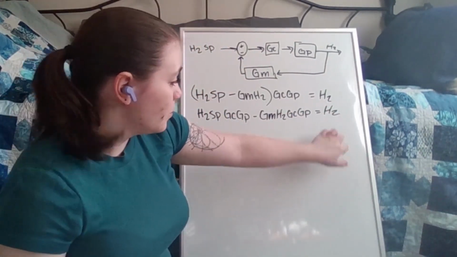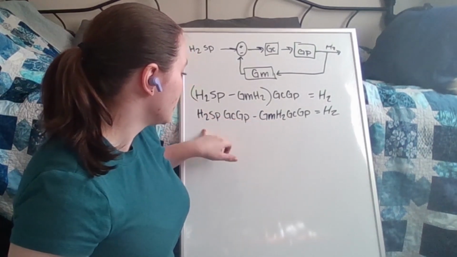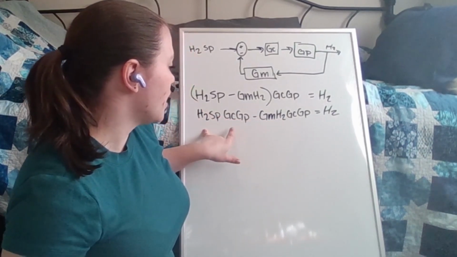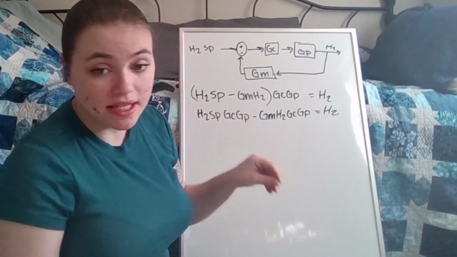And from that, we will move this over, and then this stays over here, and then we can divide by our GC, GP.